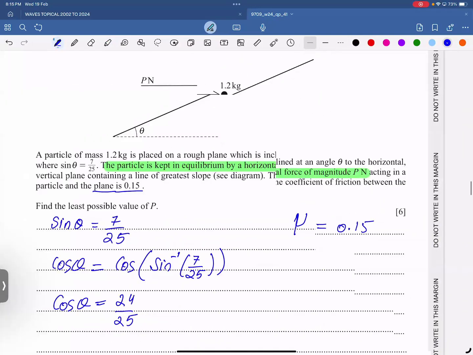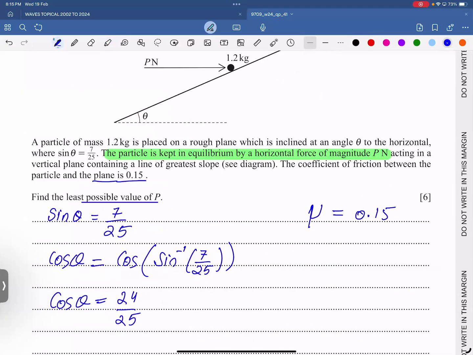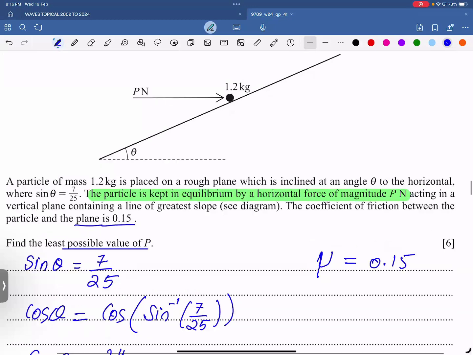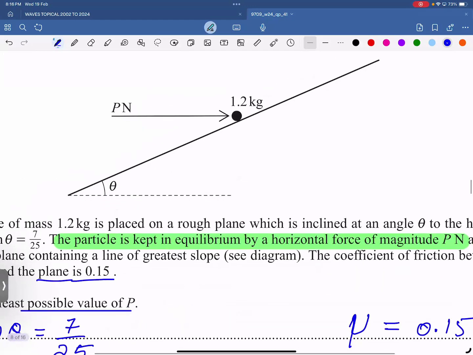We need the least possible value of P. Least value of P means it is just about to slide down. If P is least, the friction acts up the slope. If P is largest, friction is in the same direction as P. So if it is least, it means it is about to slide down.